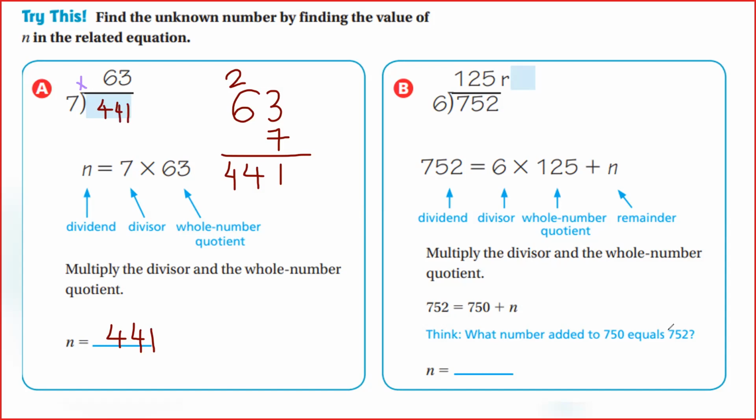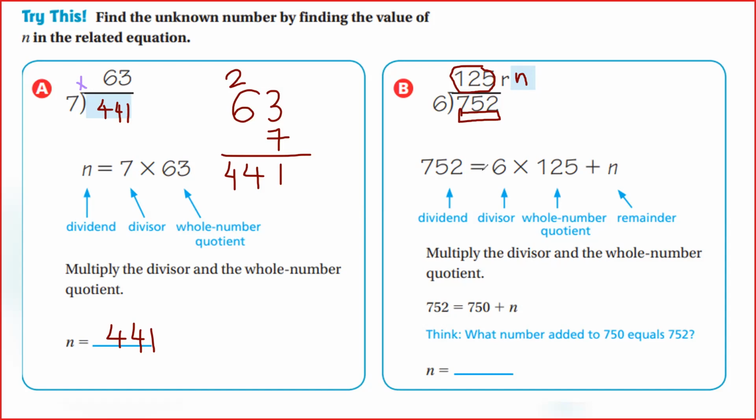Now, the next one here. We have 752. I divide it by 6, and I get 125, but there's a remainder here. So how can I write the answer now? When I multiply 125 by 6, and then add the remainder, which I wrote as n, I get 752.